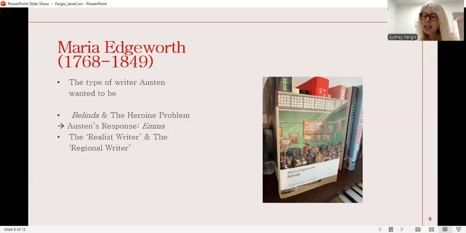So we return again to the question of why, when we talk about Austen today, we don't often bring Edgeworth into conversation. When Austen Leigh's memoir was published in 1870, Austen and Edgeworth were both already deceased, and a shift occurred. Suddenly, Edgeworth was coined an Irish novelist, and her works became considered regional.